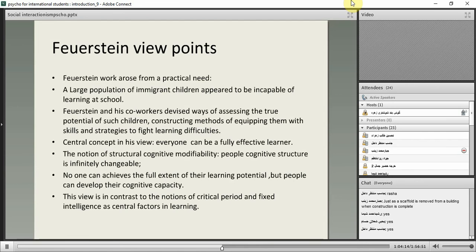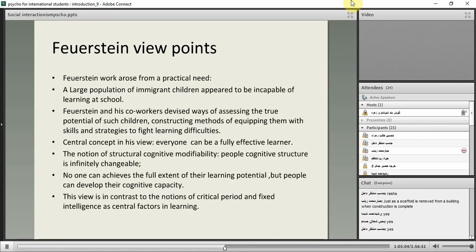And this population of immigrant school children appeared to be incapable of learning at school. And Feuerstein and his co-workers designed a way of assessing the true potential of such children. And they tried to construct methods to enable them to develop skills and strategies to fight learning difficulties because of the traumatic experiences those children suffered from.